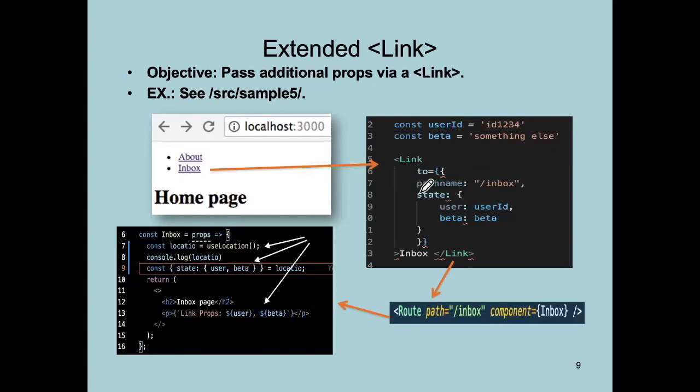The key is state, and the value associated with that key is this value here. So what I'm destructuring here is I'm saying take the state key within location and then destructure the object associated with that key. So the net effect is two local variables called user and beta are created, and those two variables are going to be assigned what I've assigned to the corresponding keys over here.